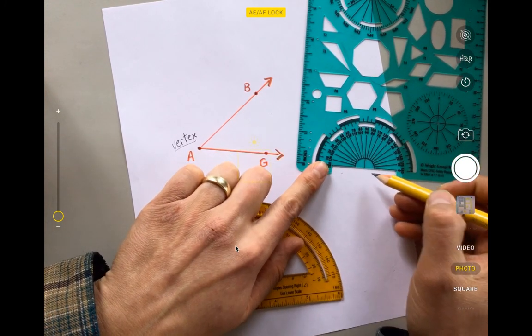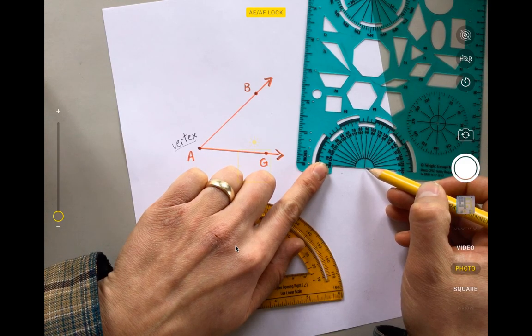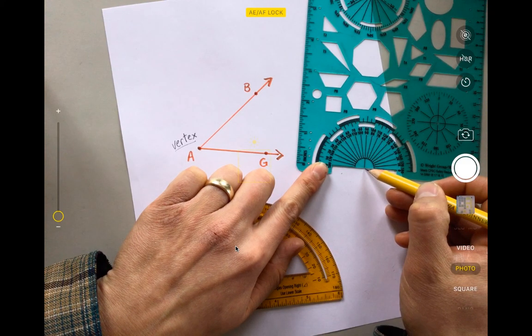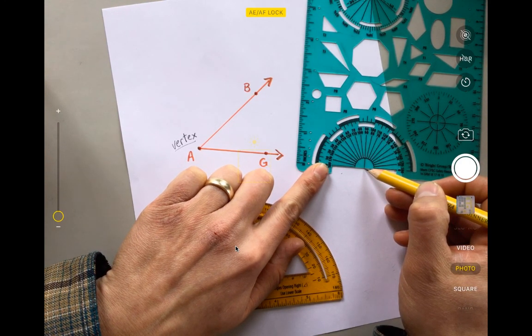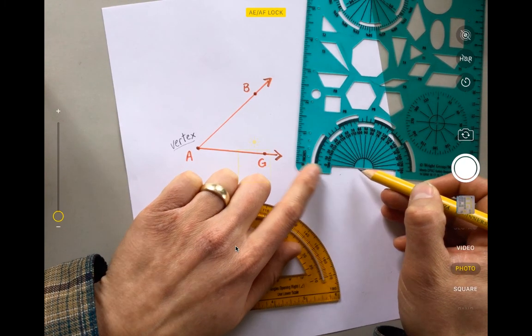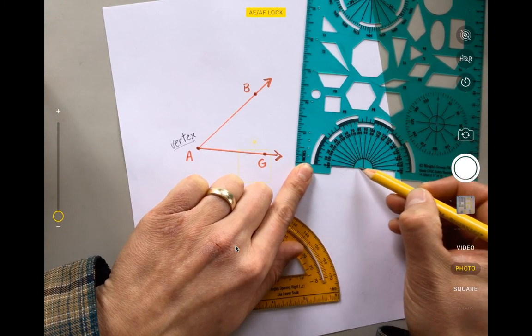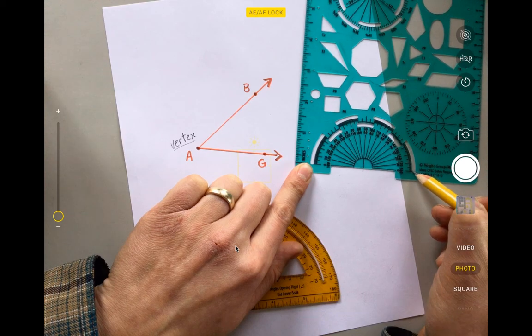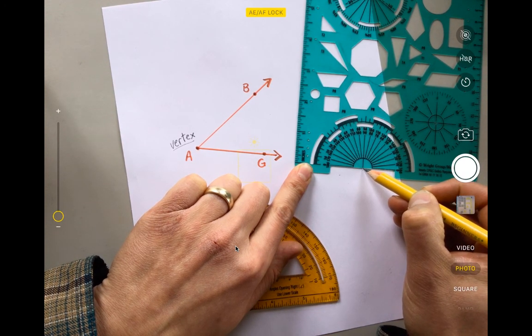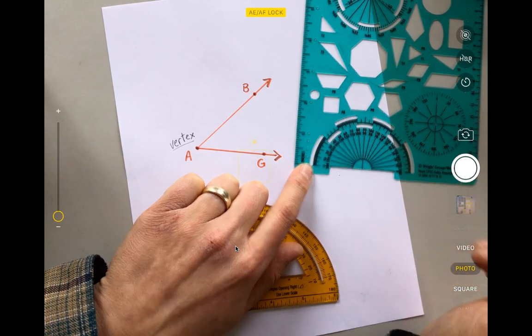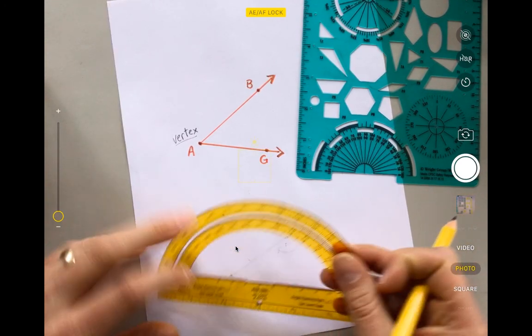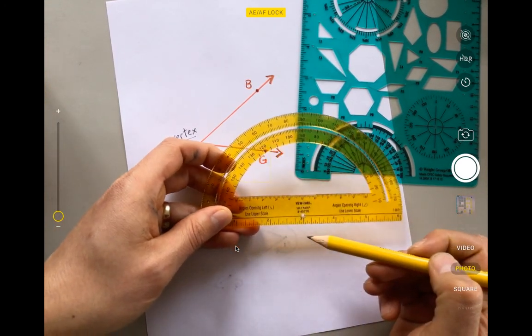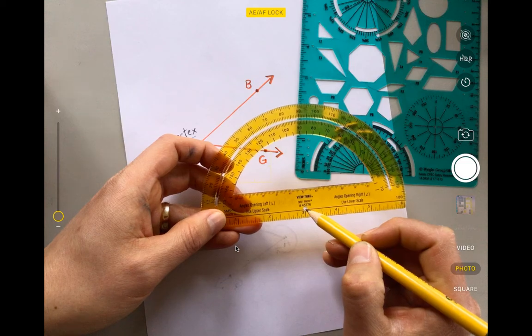We want to line up our protractor with this point right here that is in line with the 0 line or the 180 line of the protractor. And it's a little bit different between each model. Now, this one has a really neat little hole right in the middle here.